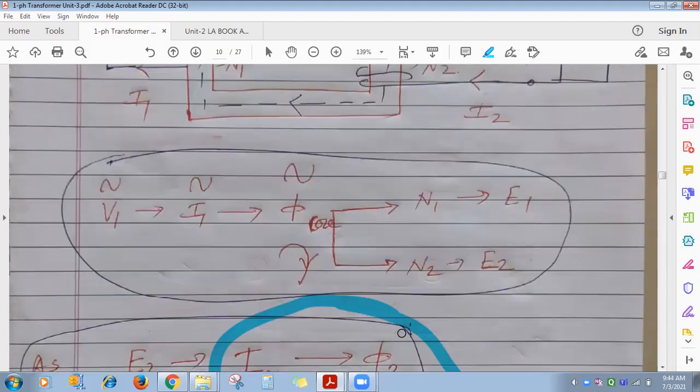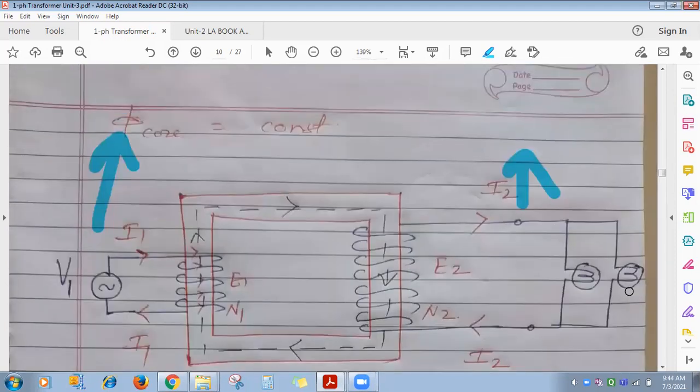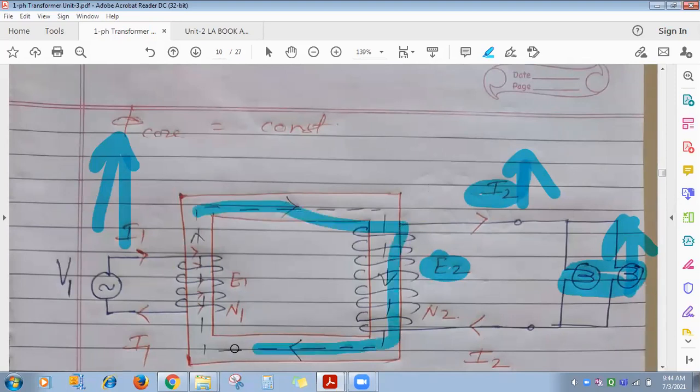So as you go on increasing load on the transformer, loads get connected in parallel, so the total load resistance will go on decreasing. E2 is constant, resistance is decreasing, so that's why I2 increases. And the moment I2 increases, I1 on the primary will also increase. Means what is the conclusion? As you go on increasing load on the transformer, I1 and I2 increase, and flux in the core remains constant.